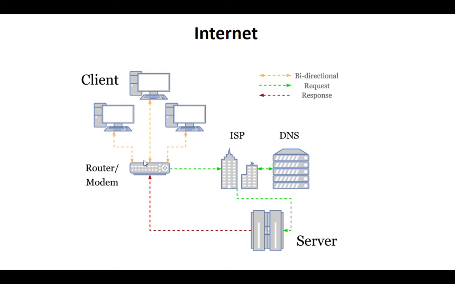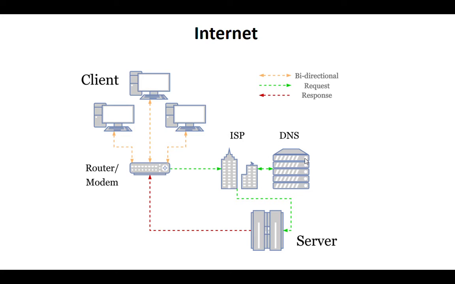This is like you have a cable modem, or a Wi-Fi router, which usually is attached to a cable modem or a DSL modem. And then this talks to your ISP, your internet service provider, which will be like Comcast or Cox, things like that. And then that talks back and forth with, say, DNS servers.